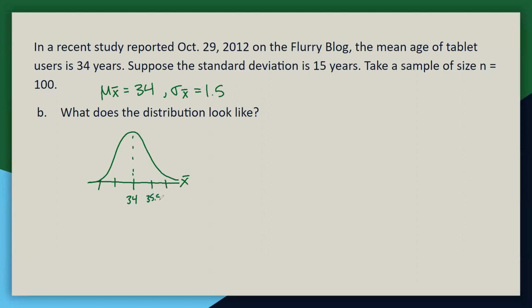So 35.5, 37, 32.5, 31. Sorry, had a brain fart there. And if I want to write that using our distribution notation, x is a normal distribution with a mean of 34 and a standard deviation of 1.5. All of that information is coming from the central limit theorem because we're looking at sample means instead of raw data.